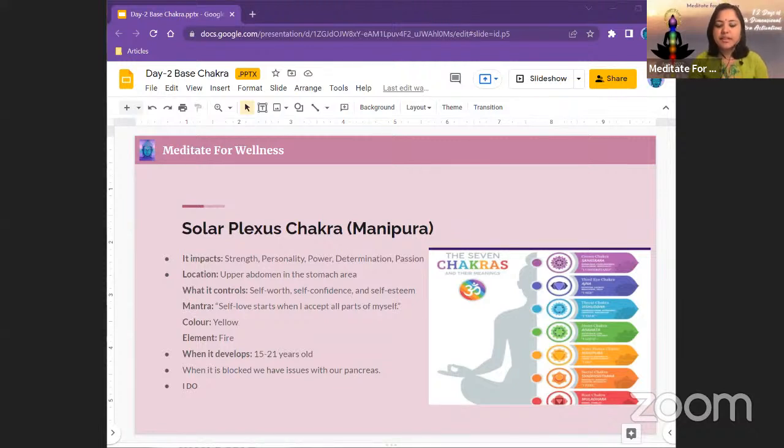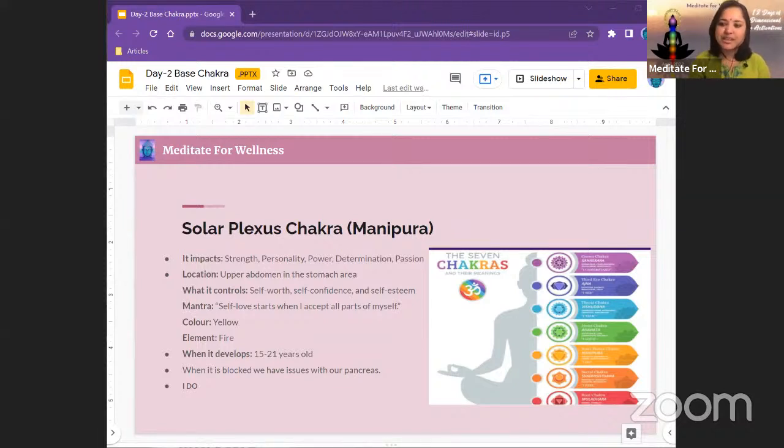And here the mantra is to affirm that self-love starts when I accept all parts of myself. The color of this chakra is yellow, and the element is fire, as I said, the sun, the solar plexus, and it develops during 15 to 21 years of age. So usually that is when we go out and do things on our own.